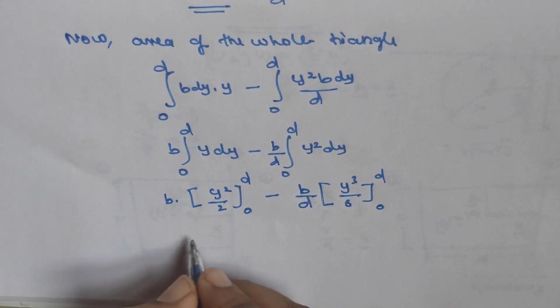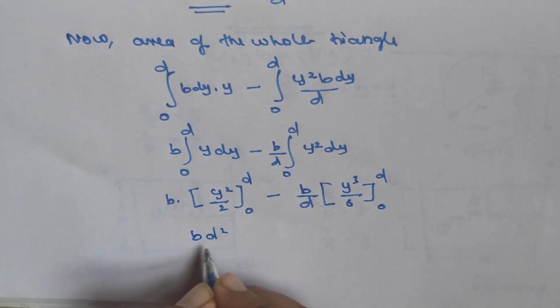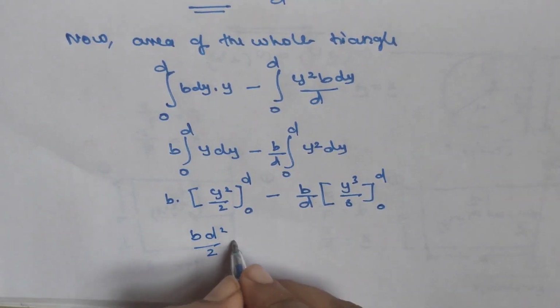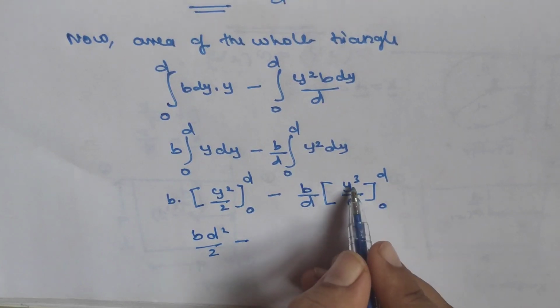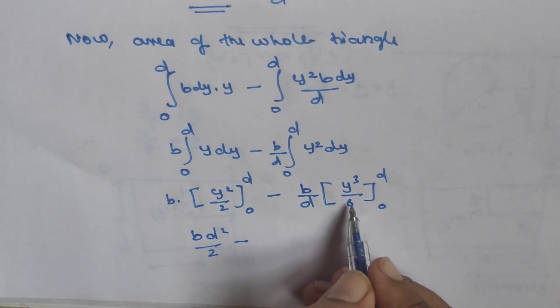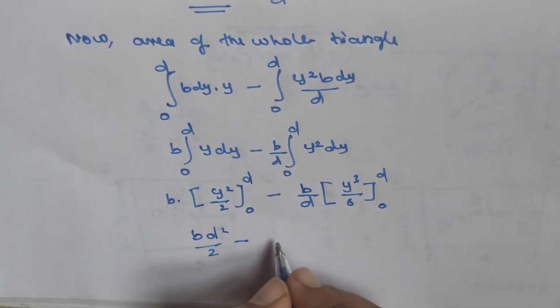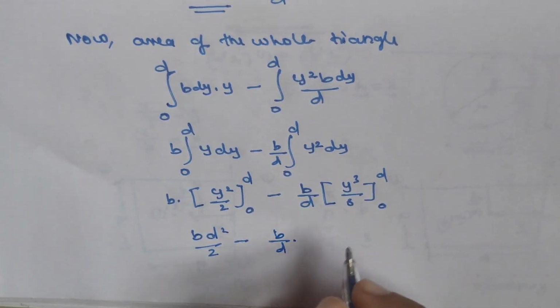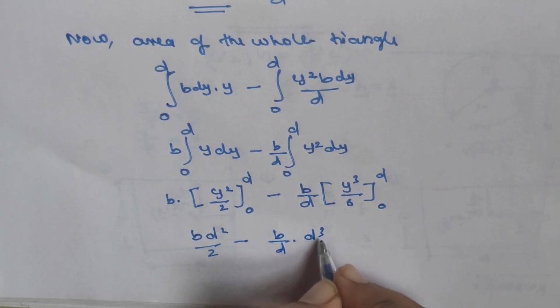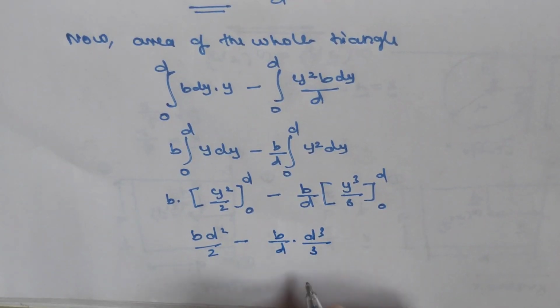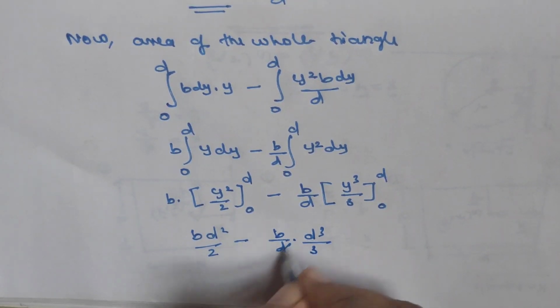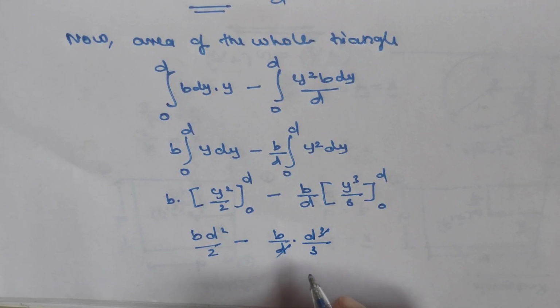So we will get b d square by 2 minus b by d into d cube by 3. Here we can cut d with d cube.